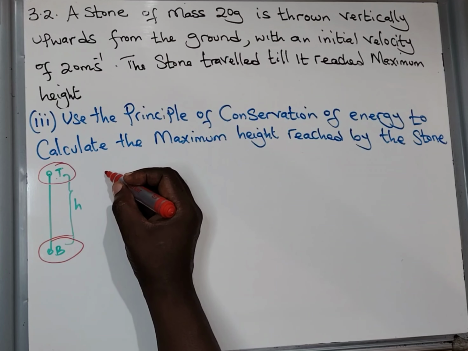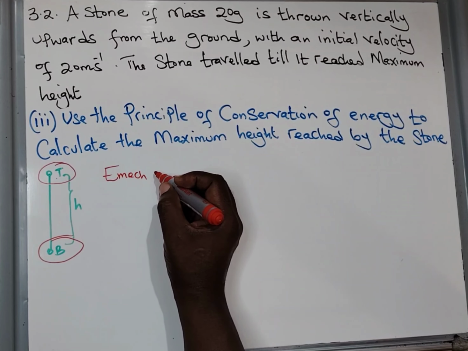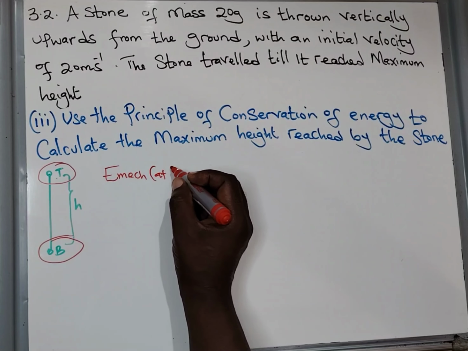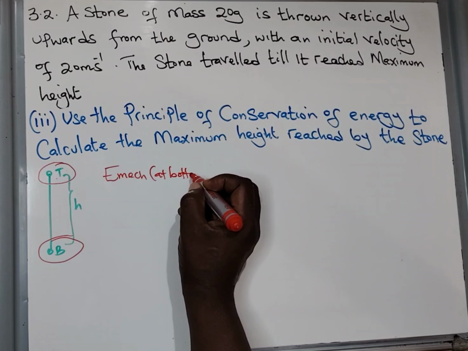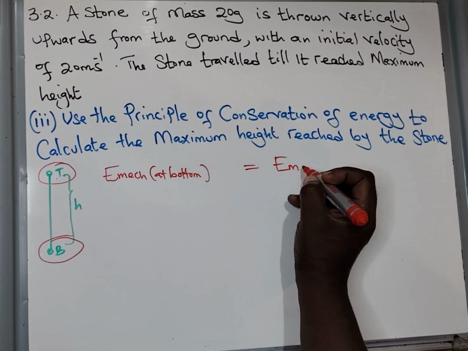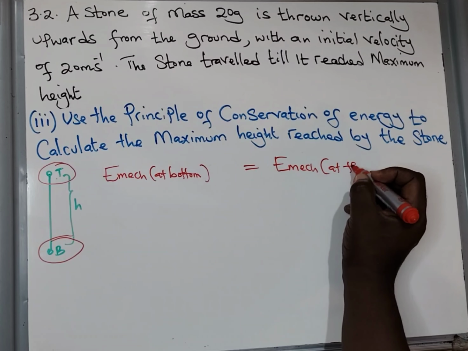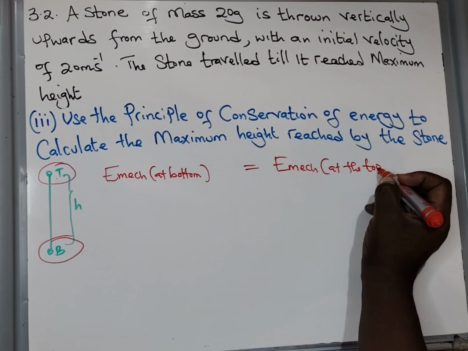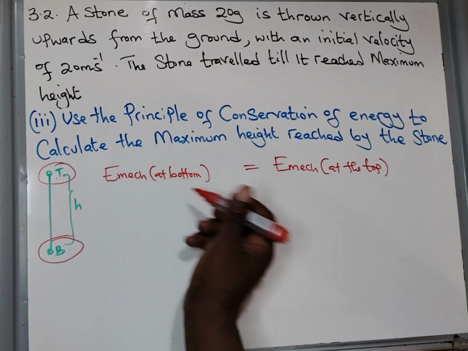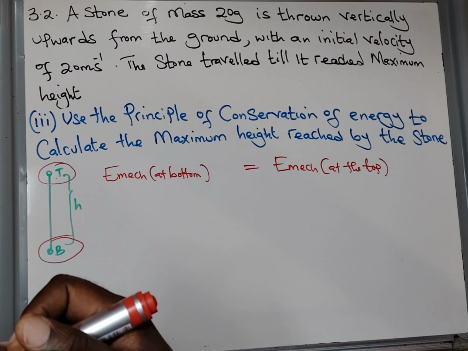So we can put it here and we say EMEC, meaning mechanical energy at bottom, is equal to EMEC, meaning mechanical energy at the top. So what is mechanical energy? We saw in the definition that mechanical energy is the sum of gravitational potential energy and kinetic energy.